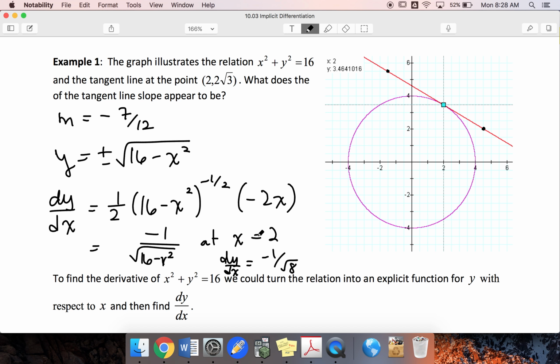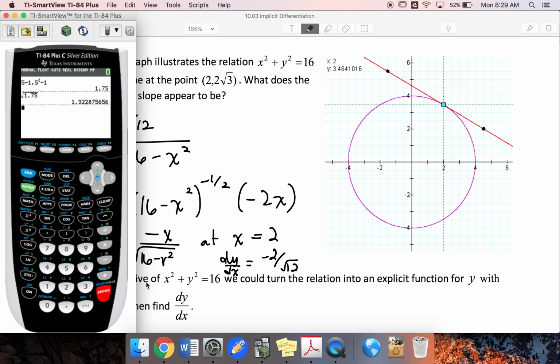Is that true? 2 squared is 4. Nope, negative 1 over root 12. And not negative 1 because my numerator is actually x. So negative 2 over root 12.